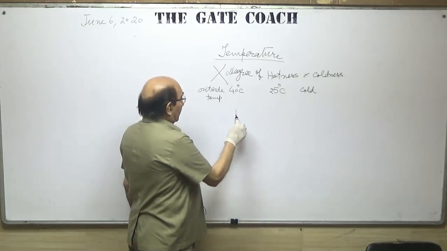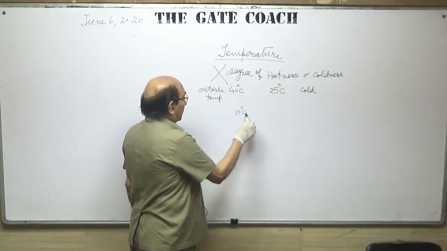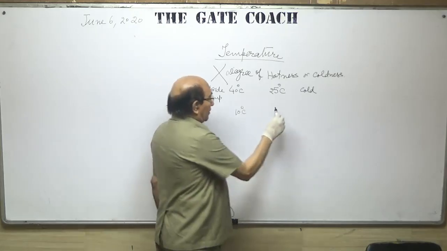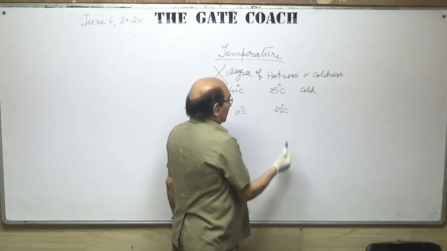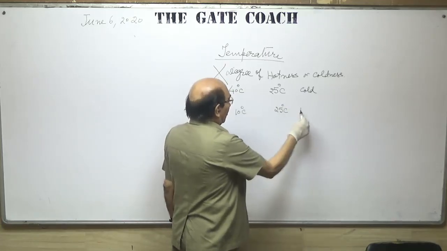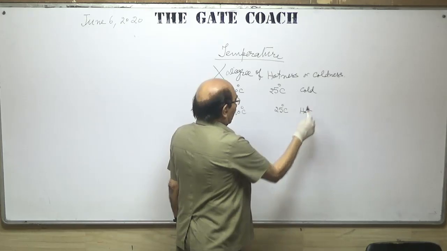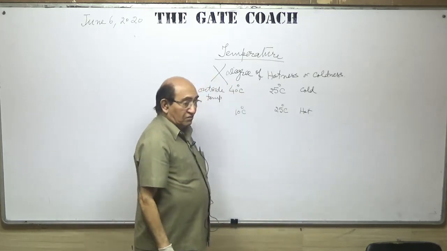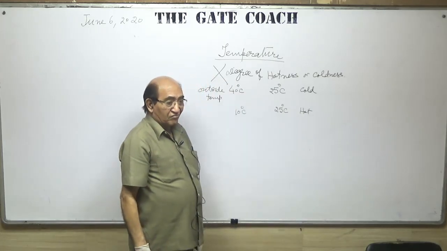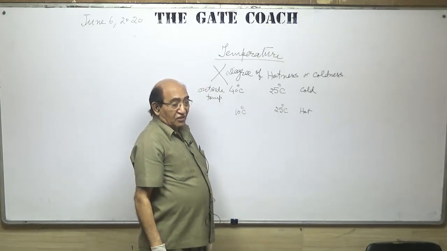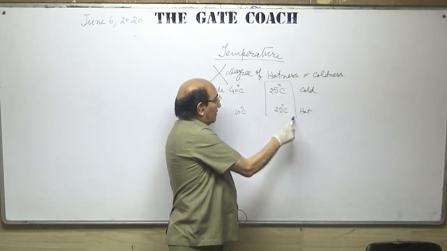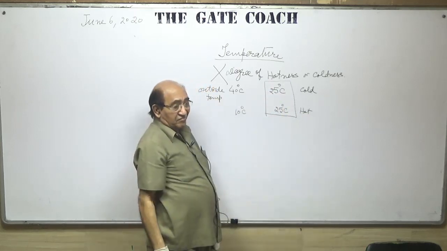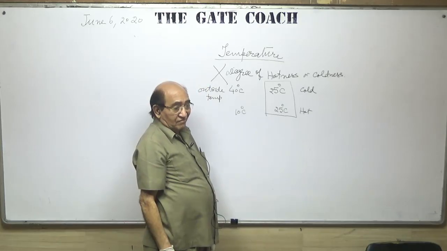In winter, when outside temperature is 10 degrees centigrade, inside we are maintaining the same 25 degrees centigrade, this 25 shall become hot with respect to 10 degrees centigrade. This 25 degrees centigrade is what? Is it hot or cold?